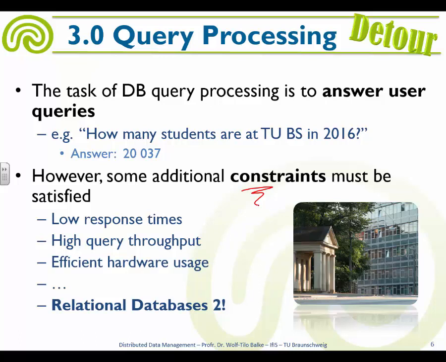For instance, we care a lot about response times. We don't want the user to be waiting to get an answer for the query. We care about being able to answer many queries simultaneously, and about the efficient use of the hardware that we have, and several other things. All of these things are the major topic of the relational databases course offered by our institute as well.